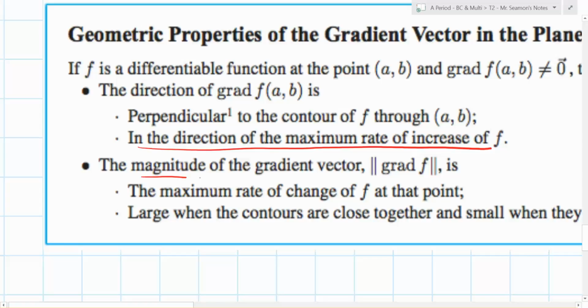The magnitude of the gradient vector is the maximum rate of change. So if you find the gradient vector, here's what's really cool about it. The direction of the gradient vector is the direction you need to go in, and the magnitude of the gradient vector is the maximum rate of change of f at that point.